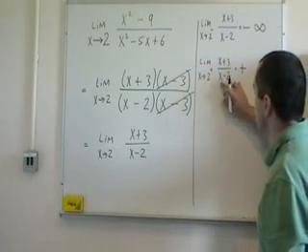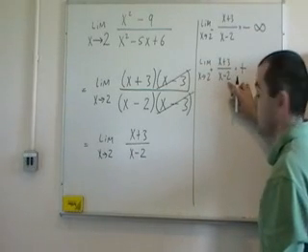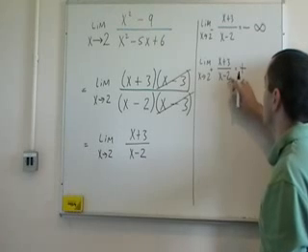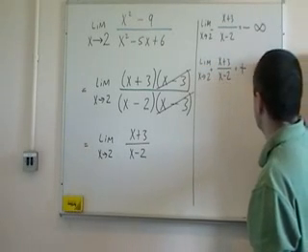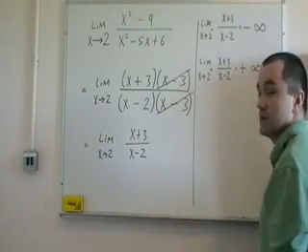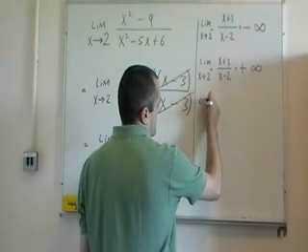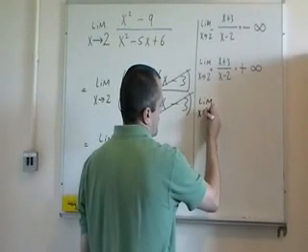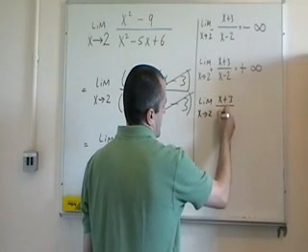And once again, a number slightly bigger than 2, minus 2, will be very, very small. So you've got roughly 5 divided by a very, very small number, so it's going to shoot off to plus infinity.